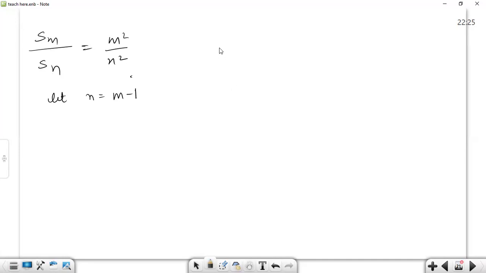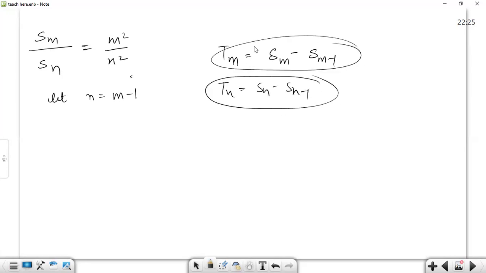Okay. So what is the mth term? It is basically the sum of m terms minus the sum of m minus 1 terms. We can write it from the formula that we studied, right? So let's say here the sum of n terms is basically for m minus 1. Okay. So this becomes S_m divided by S_(m-1). m² becomes m² only, and (m - 1)².